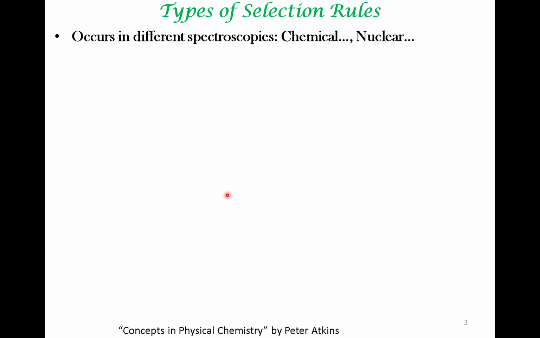Let's move on. So your first exposure to selection rules might be via chemical spectroscopy. Here, the electrons are the ones that typically are changing their energy, or there are different modes within the molecule wherein energy can be stored. So it can be the vibrational mode or the rotational mode, or the electrons themselves can change the state.